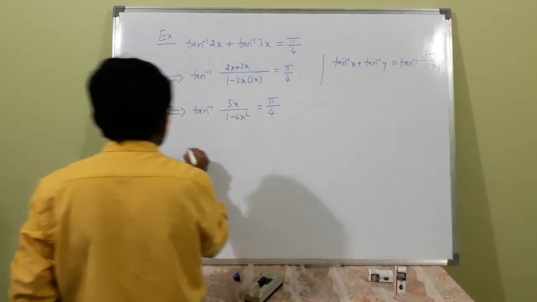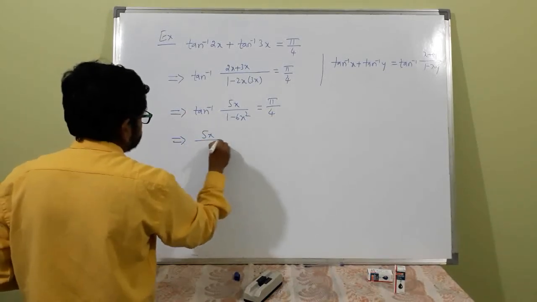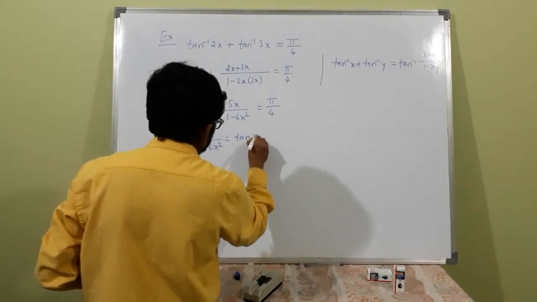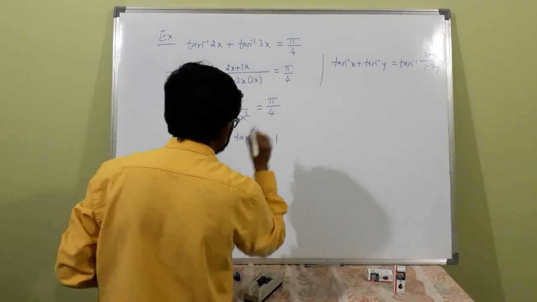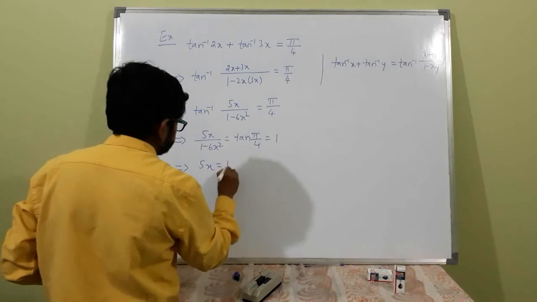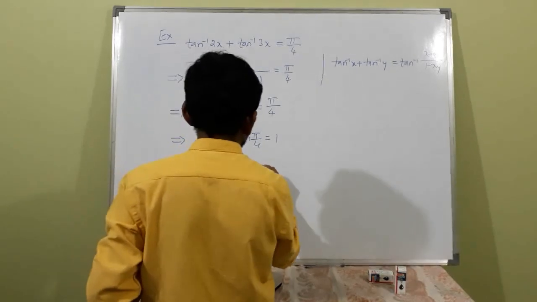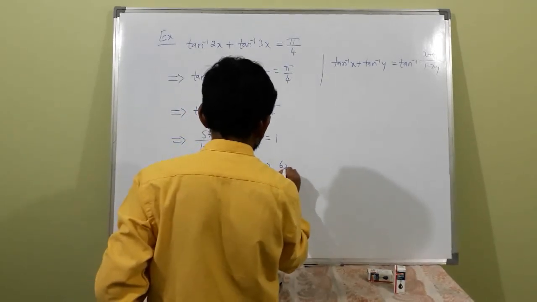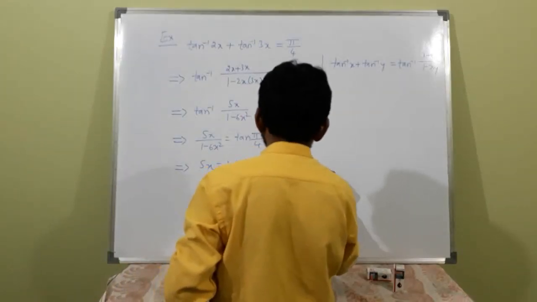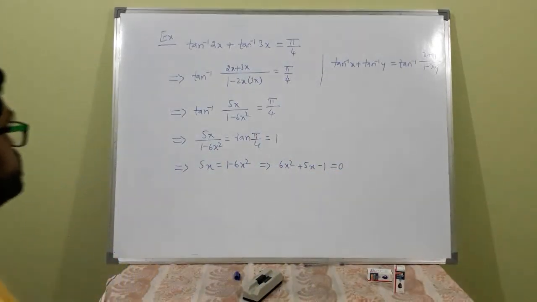Let us take tan on both sides, so that this will vanish. 5x divided by 1 minus 6x squared is equal to tan pi by 4, which is 1. This implies 5x is equal to 1 minus 6x squared, that is 6x squared plus 5x minus 1 is equal to 0, isn't it?